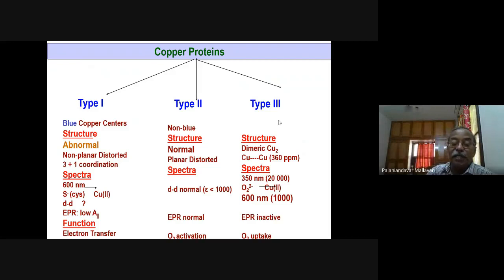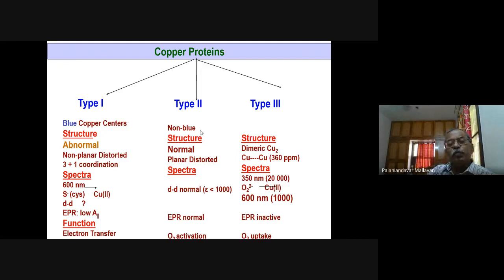Dioxygen is taken up by type 3 and stored there, so that it can now be used by the type 2 protein. So type 1 protein delivers electrons, and type 3 proteins provide dioxygen for dioxygen activation. So a cooperation among all three types is needed.